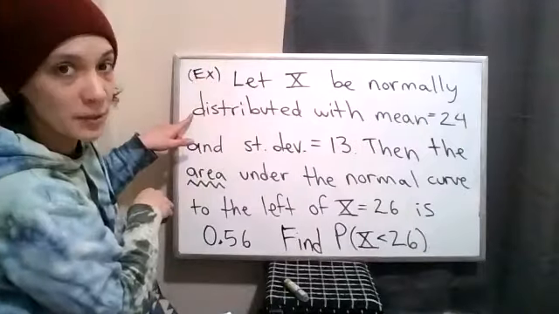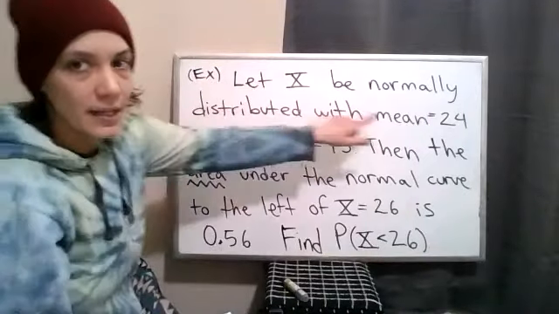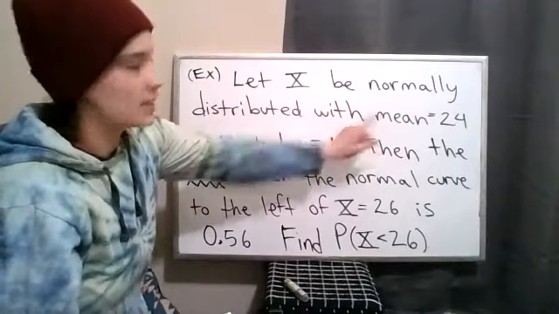Okay, the normal distribution means it has a bell shape, and the mean is the center, so it's centered at 24.